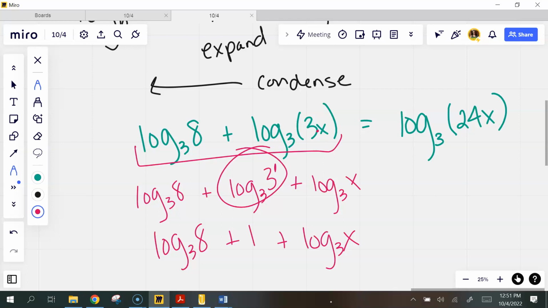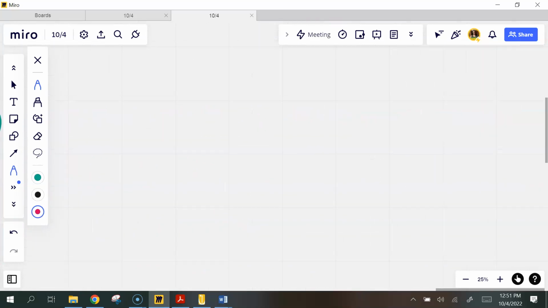How did you know? Okay, for expanding, I've only shown you the multiply one, the product one. So I'm looking for something to be multiplied.